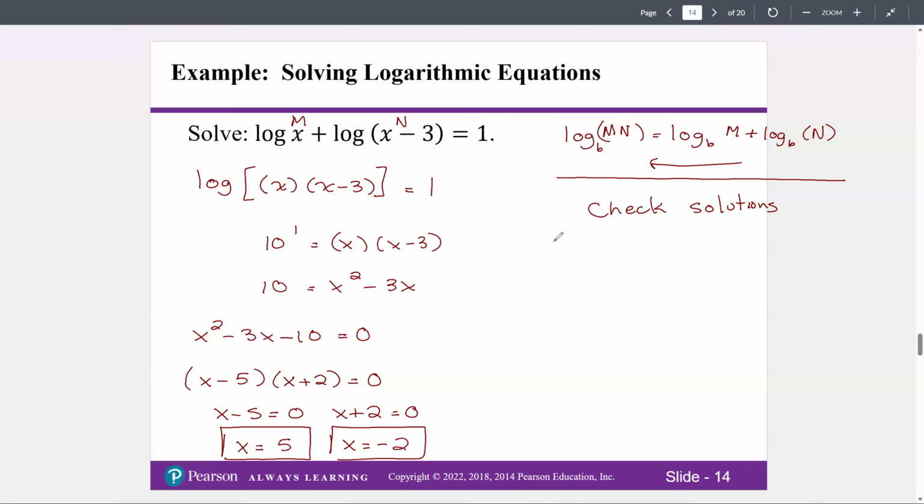So if you do log of negative 2 plus log of negative 2 minus 3, what you should be seeing is undefined, because in both cases you're going to be doing the log of a negative number, which you cannot do. So that means x equals negative 2 is not a solution.